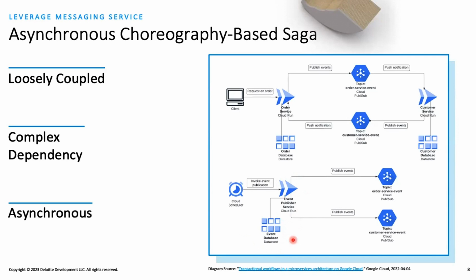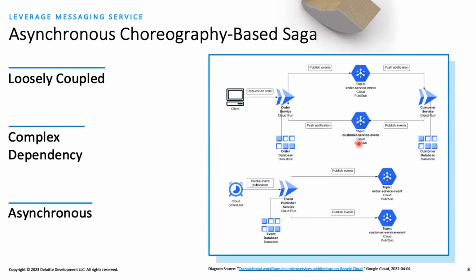Overall, when a service changes the status of its own entity, it publishes an event to notify other services of updates. The notification events trigger other services to act. In this way, multiple services work together to complete a transactional process. The communication between microservices is asynchronous and loosely coupled.